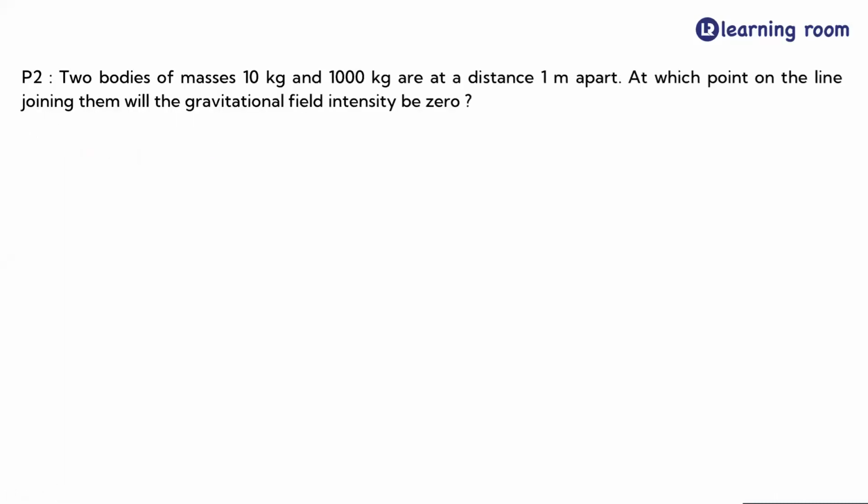Right. Now try this. Two bodies of mass 10 kilogram and 100 kilogram are at a distance of 1 meter apart. At what point on the line joining them will the gravitational field intensity be 0?